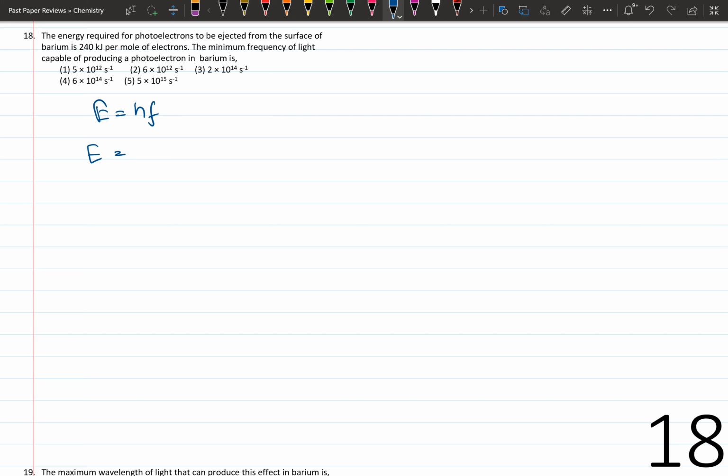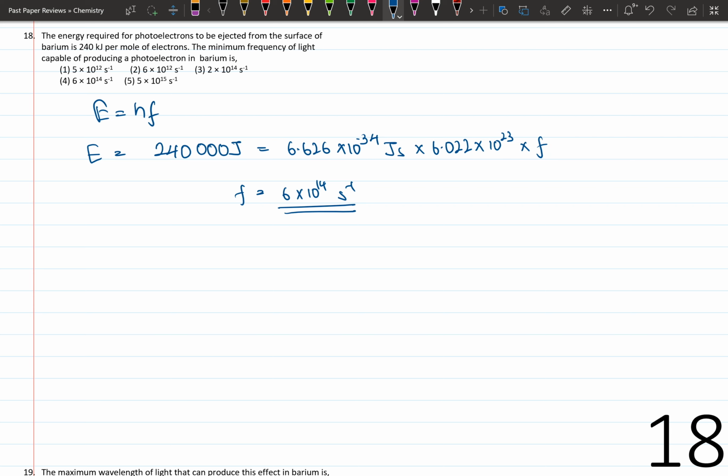E is energy, which is 240 kilojoules, which is equal to 240,000 joules, which is equal to 6.626 into 10 to the power minus 34 joule second into 6.022 into 10 to the power 23, as they have asked for 1 mole. Simplifying this gives 6 into 10 to the power 14 per second. Therefore, the answer is 4.